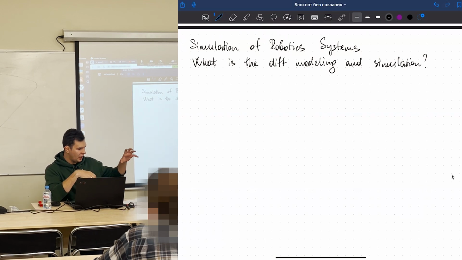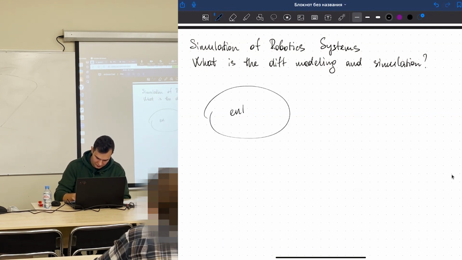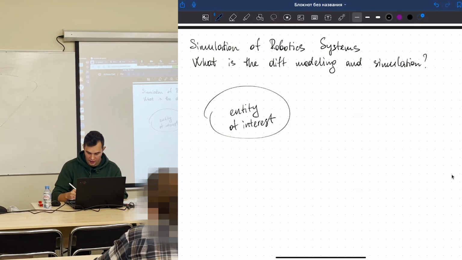So you have something of interest, like an entity of interest. And what do you do? You create some kind of a representation of it. And this is modeling.